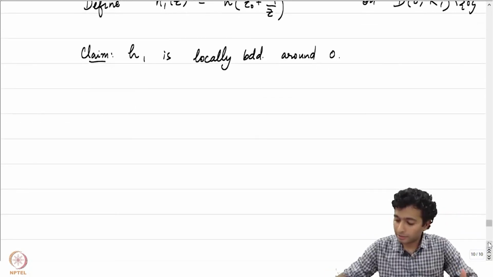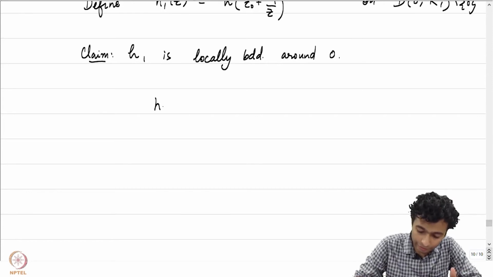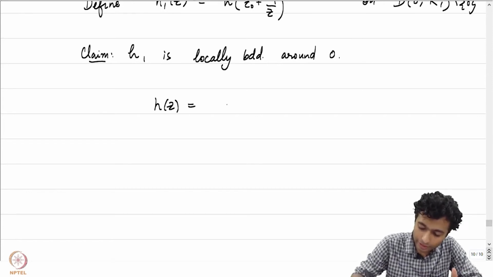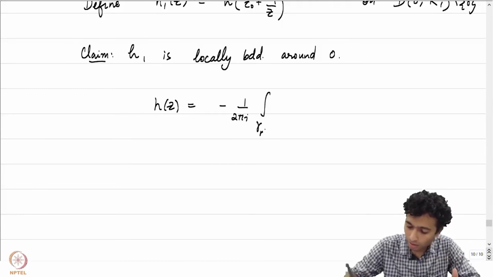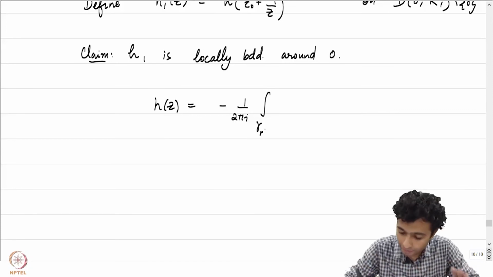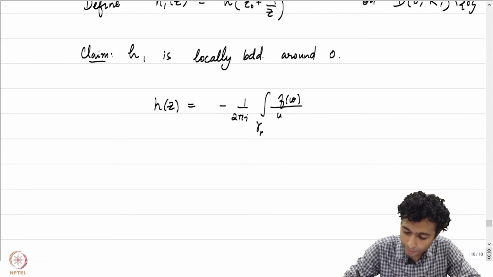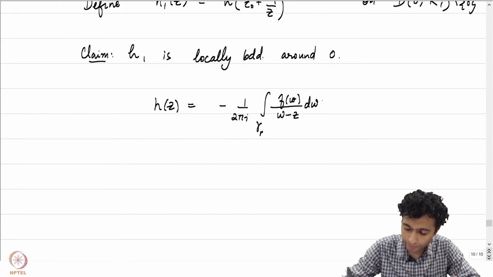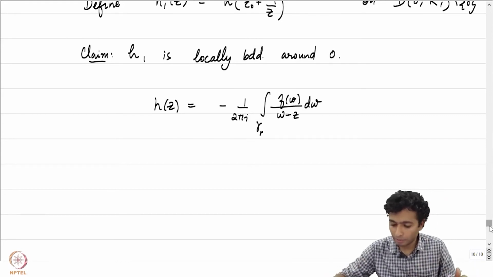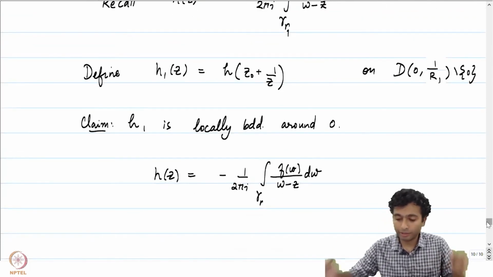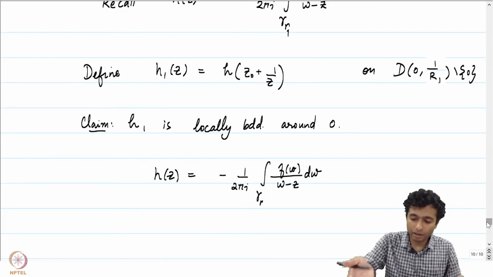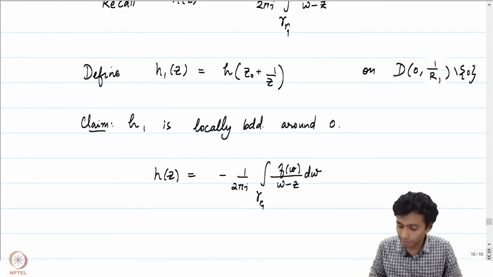To check this, let's consider what our h of z was. h of z is basically minus 1 by 2 pi i, the integral over gamma r of f of w by w minus z dw. We'll fix what r is in a moment. r is nothing but a number which is less than mod z minus z0 and between capital R1 and R2. In particular, r1 would have sufficed, so let me just put r1 here.